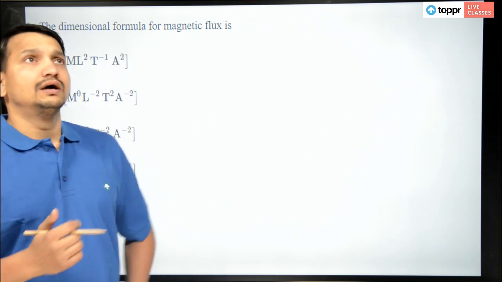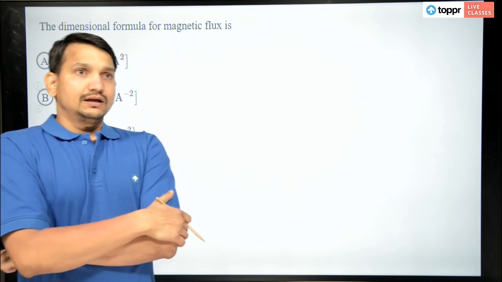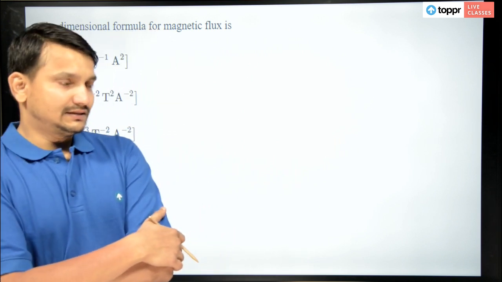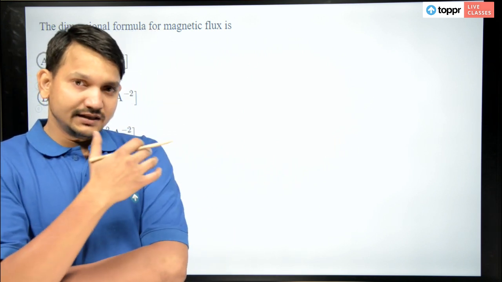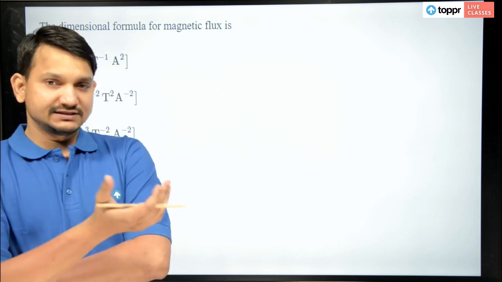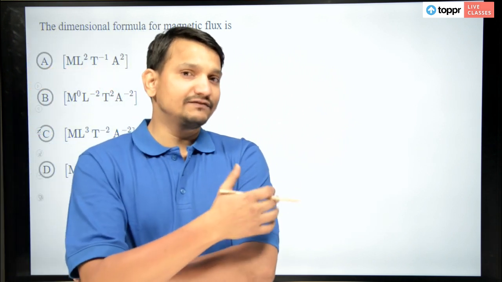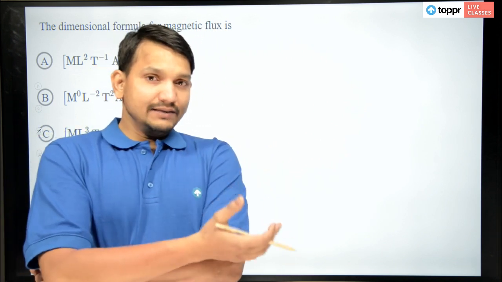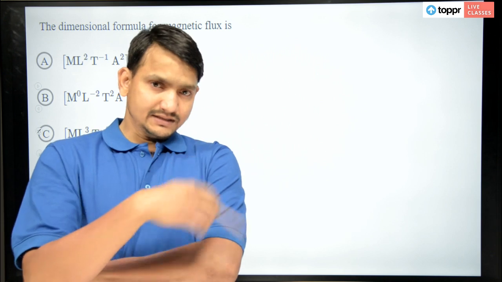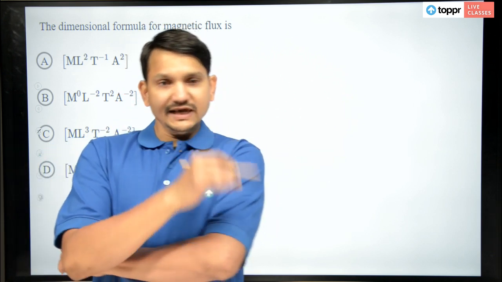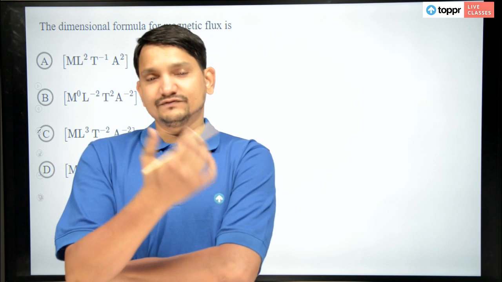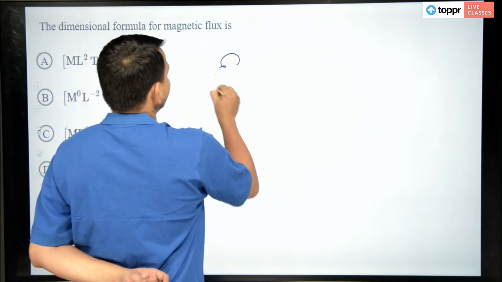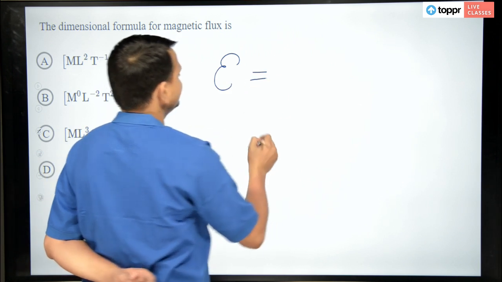If you recall electromagnetic induction, you might remember that the magnetic flux has something to do with the EMF produced, and that is how it is related. The EMF produced in the conductor or in the loop is equal to the rate of change of the magnetic flux.